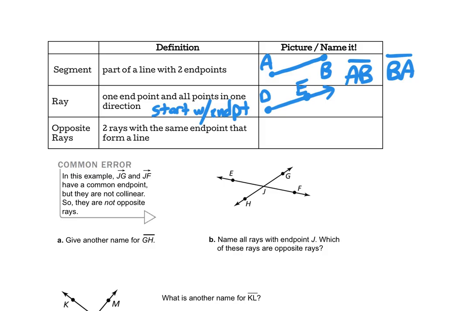So we have to start with the endpoint. So when I name this, I'm going to say DE. One side has no arrow, the other side has an arrow. The point that it goes through is going to be the one that has the arrow. Okay? Now, this is the one that throws some people off.